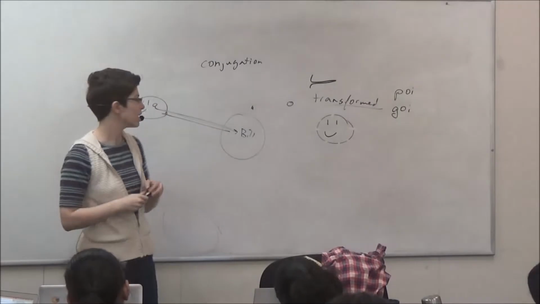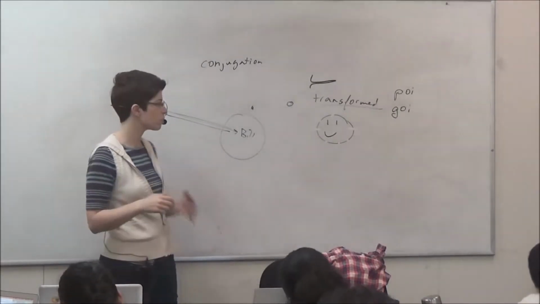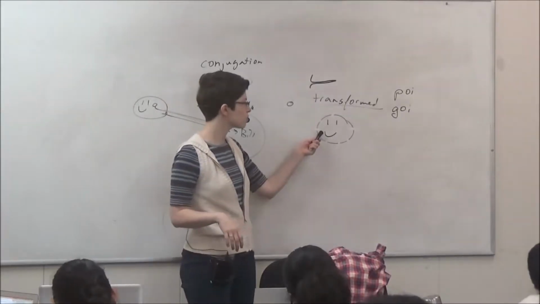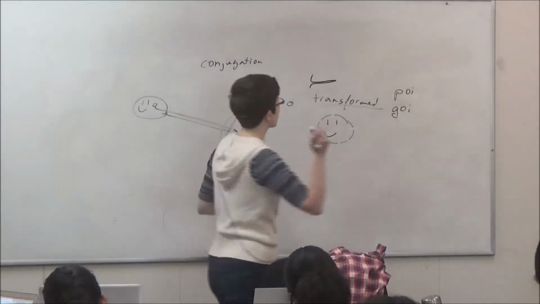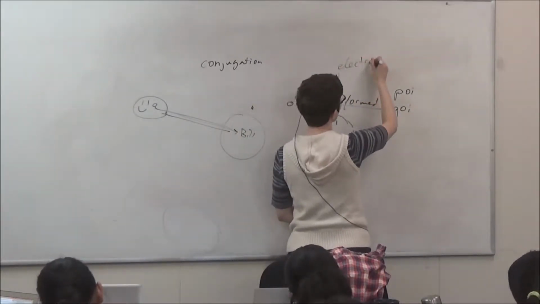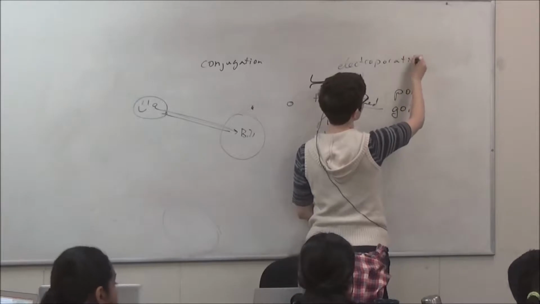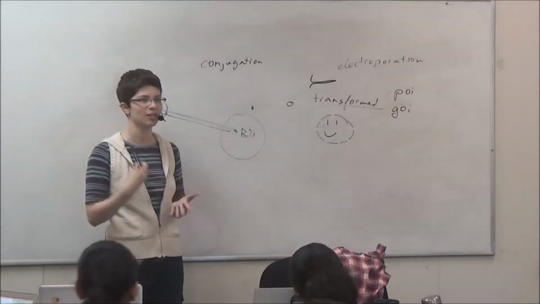Transformation is how bacteria naturally pick up DNA from their environment. So if we have a prokaryote, we can transform it literally by shocking it with electricity. We call the process of shocking it with electricity electroporation because we make it more porous with electricity.